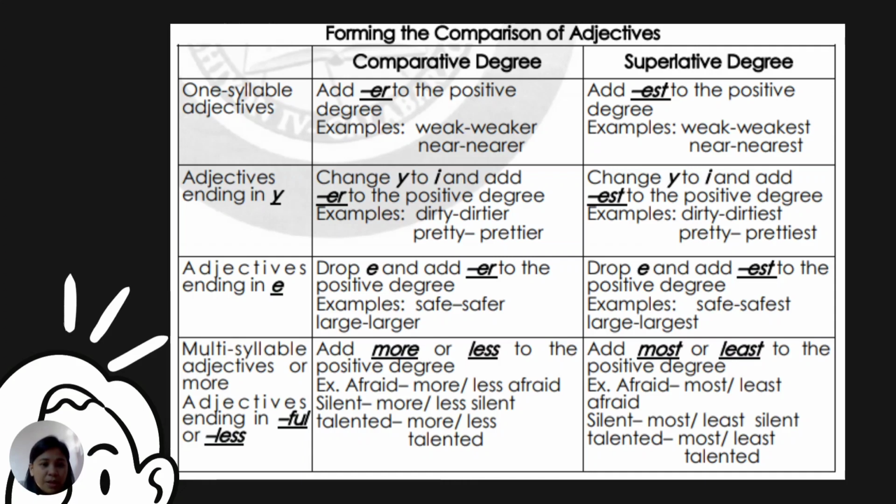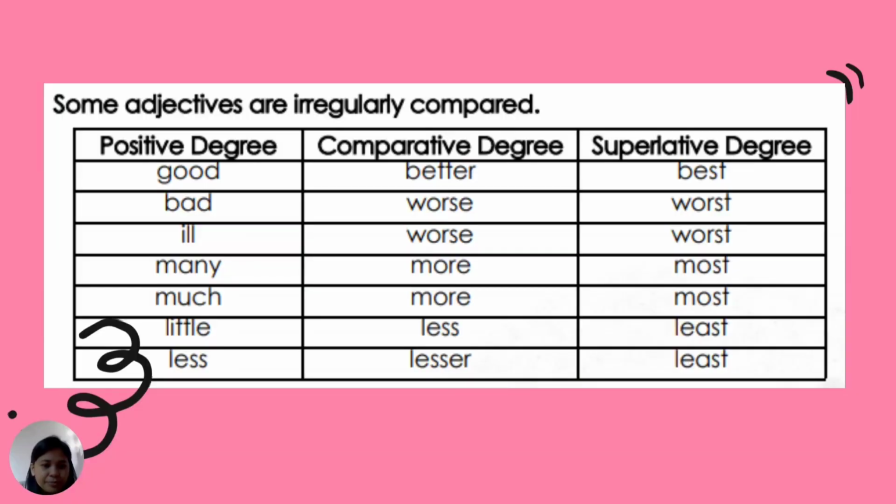And in forming superlative degree with multiple syllable adjectives or adjectives ending in ful or less, add most or least to the positive degree. Example, afraid, most or least afraid, silent, most or least silent, and talented, most talented or least talented.